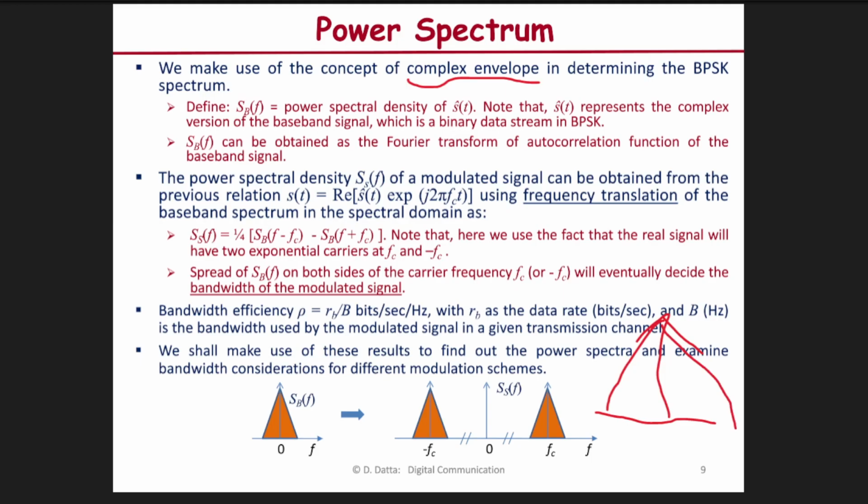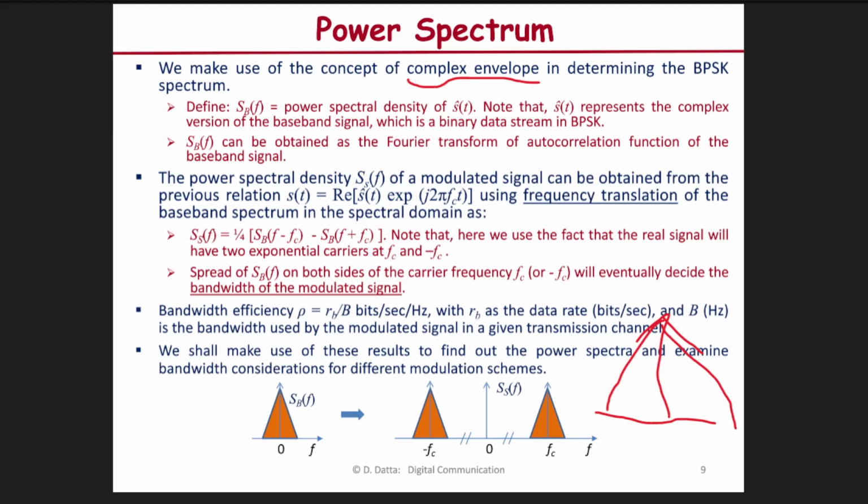When I multiply cos omega ct by a lower frequency like cos omega mt, you get sidebands omega c plus omega m and omega c minus omega m. In a two-sided spectrum, you have minus fc plus fm and minus fc minus fm. That is what you are getting here.